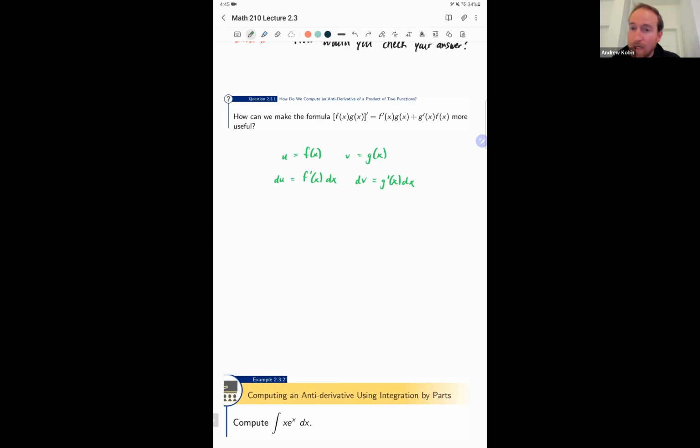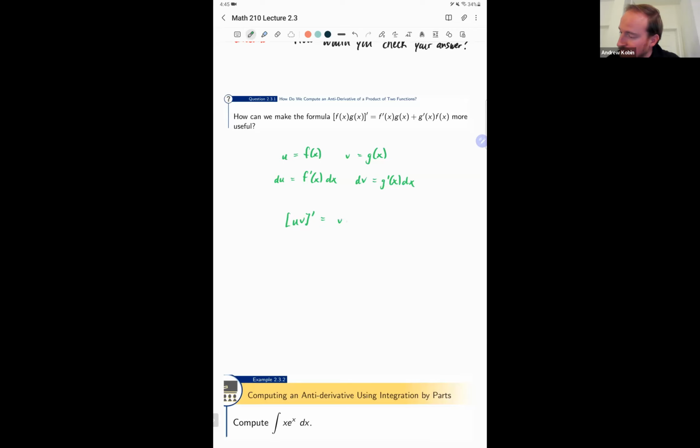Okay, so how can we rewrite the formula that we have? This is f times g, which is u times v. We're taking its derivative. I'll write the derivative version first. Let's see, f prime of x times g. That's du times g, which is v. So I'm actually going to switch the order here and write it: the derivative piece is going to go second.